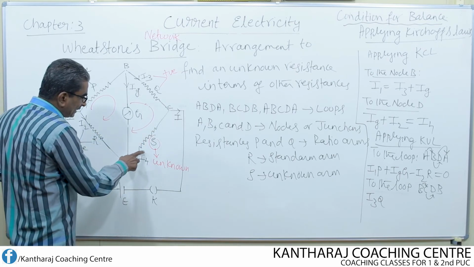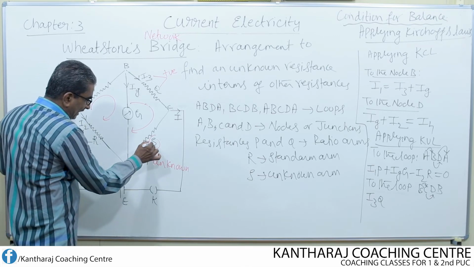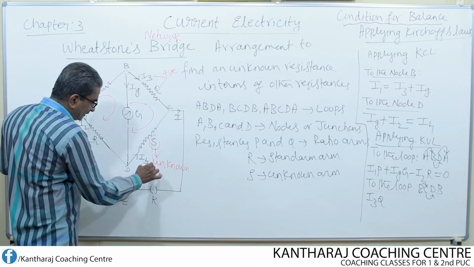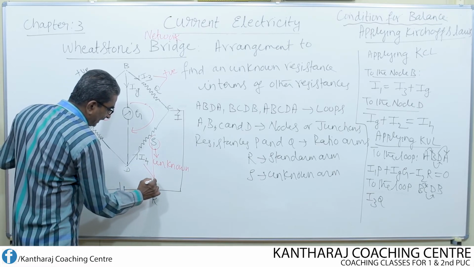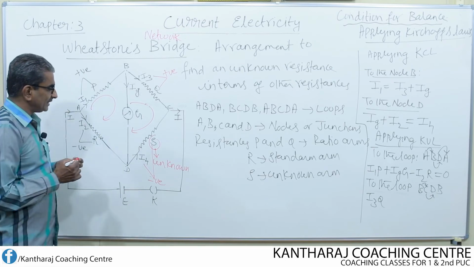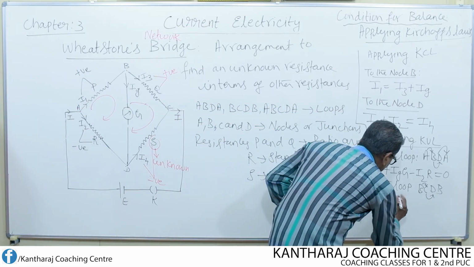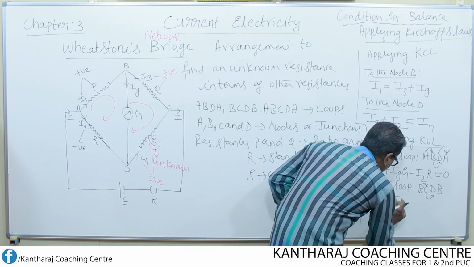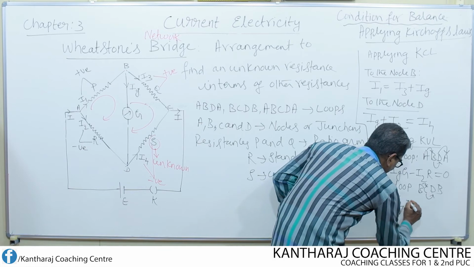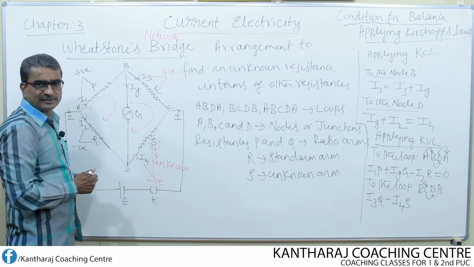Therefore, product of current and distance of this branch, that means S into I4, it should be now negative. Let us write that. So, I4, plus of minus means minus I4 into S. This is negative. I4 into S.